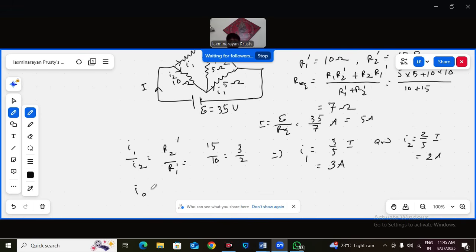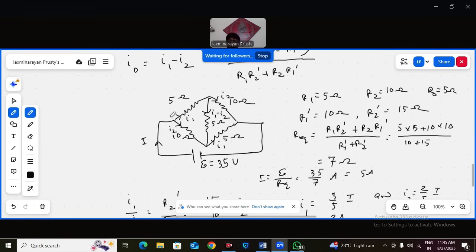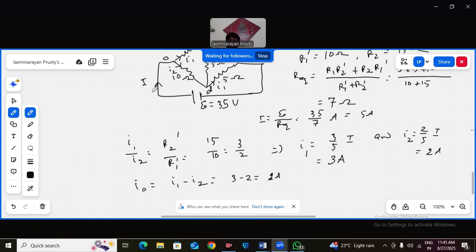So I naught will be I1 minus I2, the current through the bridge resistor 5 ohm. That is 3 minus 2, 1 ampere positive. That means it flows from C to D, A, B, C, D. Okay. That's it.